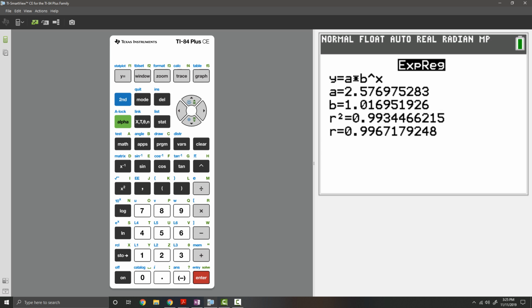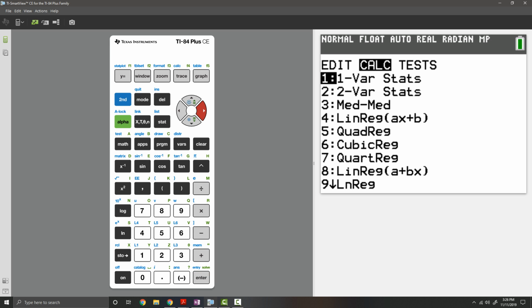So this is reminding you of what the form looks like, and these are the values, right? In this case, A is my initial value, and then we have this B value, that's the base of the exponent, right? And if you want to find the other one, you'd go to stat, and then 4 and 8 are identical.